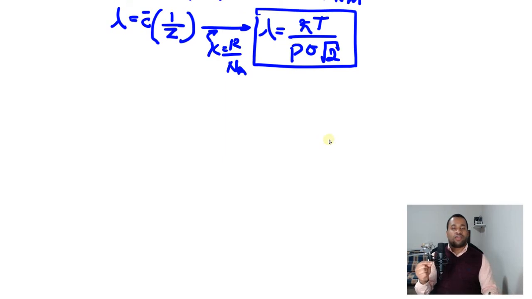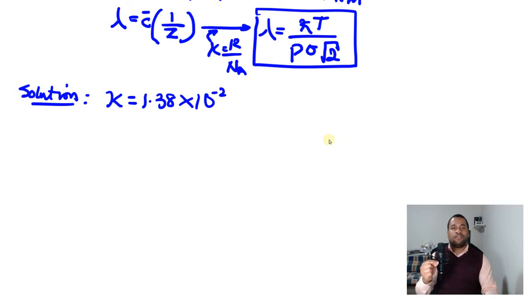And so by solving, we're going to substitute our givens into this equation, and we'll be able to determine our solution. Take note that k, the Boltzmann constant, is equal to 1.38 times 10 to the negative 23 joules per kelvin.